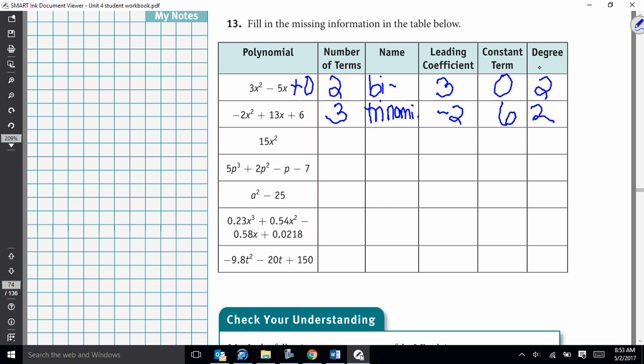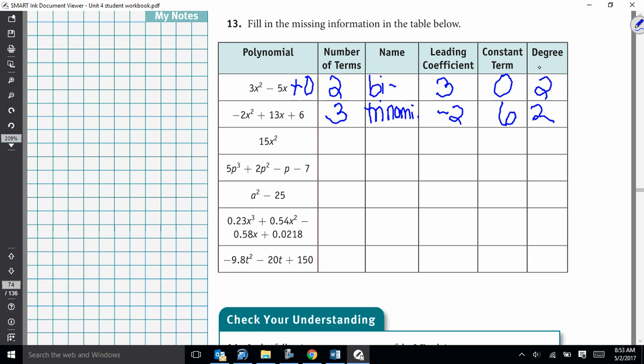Everybody has that degree. Each of these just has one. The degree is just whatever the highest one is.